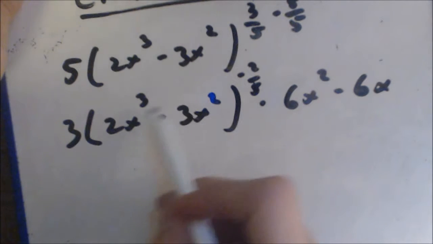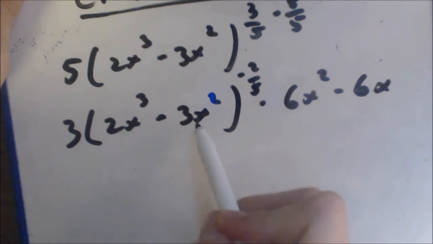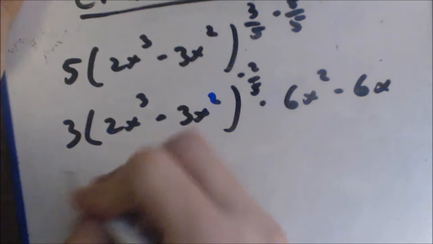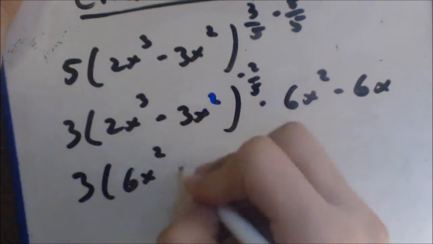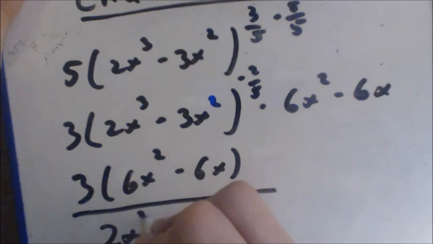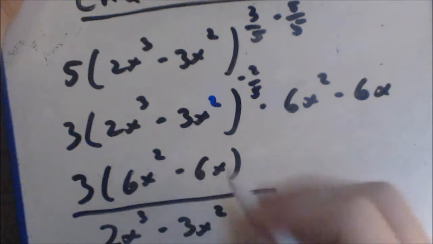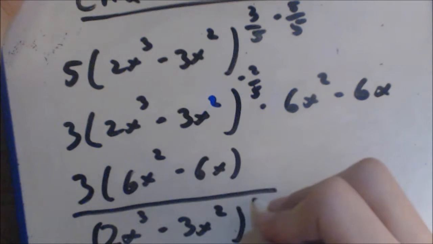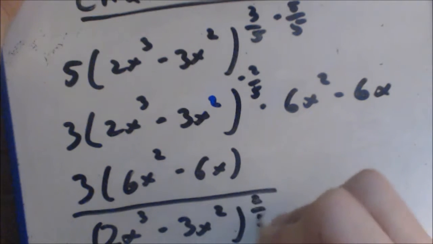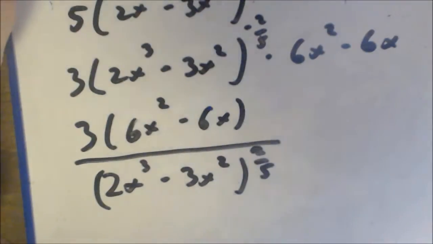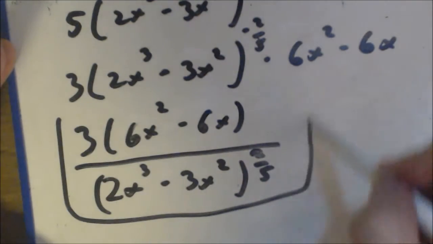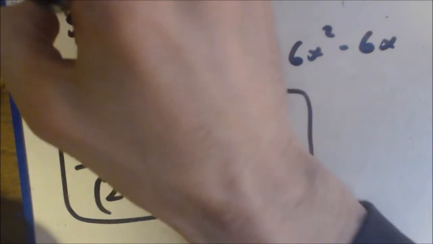So we can bring this downstairs: 2x to the third minus 3x squared, so we're left with 3 times 6x squared minus 6x all over 2x to the third minus 3x squared, quantity to the 2 over 5. So this right here is the derivative using the chain rule of that function up there.